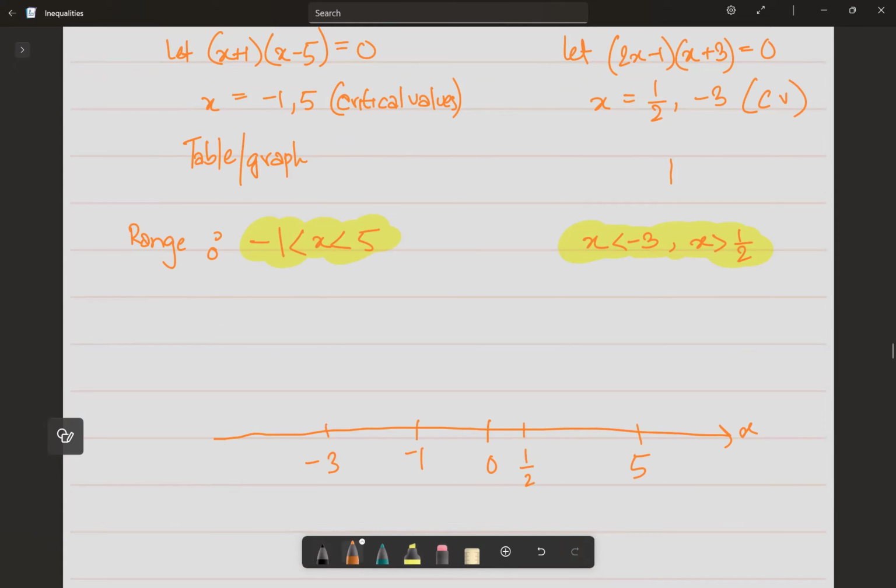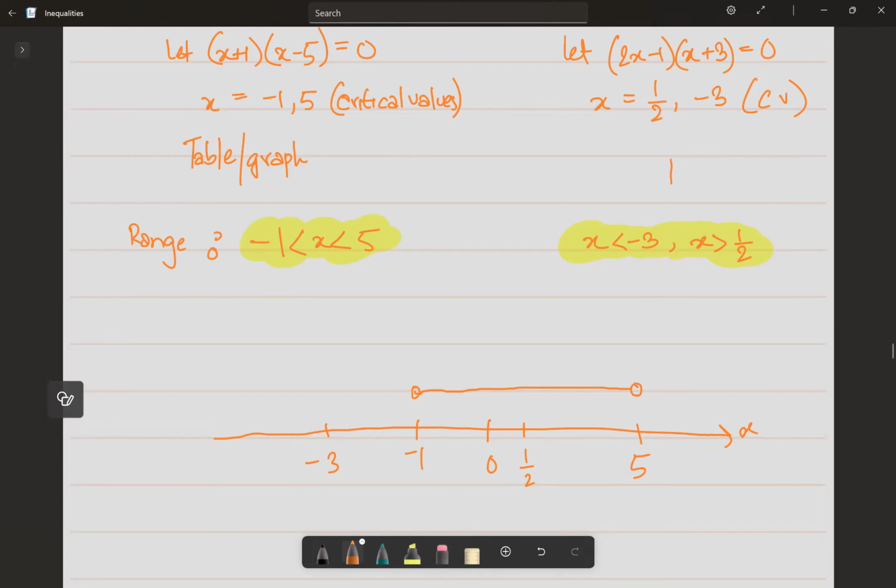For the first inequality, we have -1 to 5. So -1 is one critical point, 5 is another. This is one range that we have. So we will connect these two empty circles to show that range. It represents all the values that are greater than -1 and less than 5.